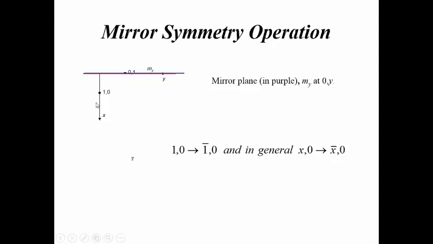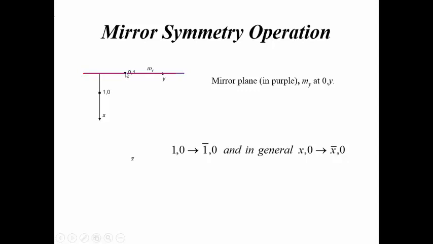And in general, if you have some point x, that point will be reflected up here into minus x. So we, in effect, are multiplying across by x, so x comma 0 is equal to x bar comma 0. Now, what happens to y when we undergo the mirror plane?